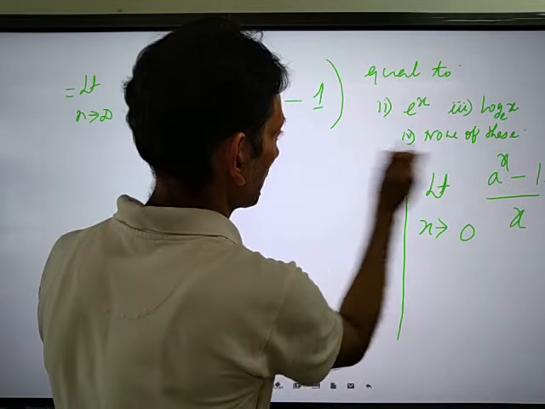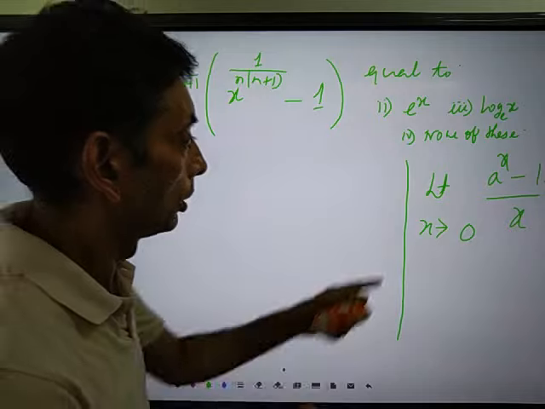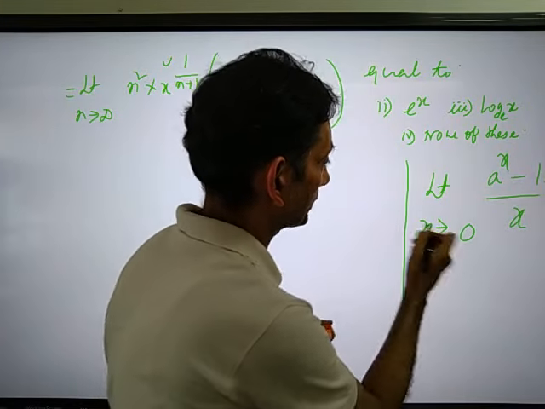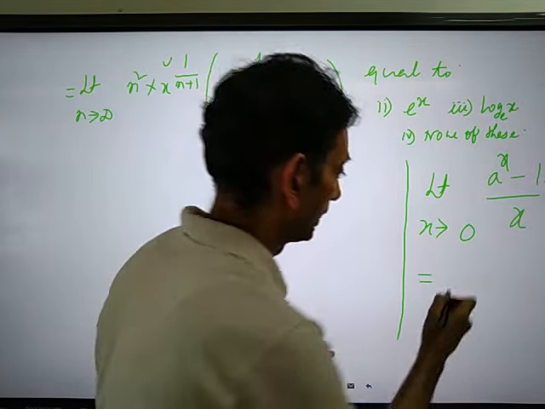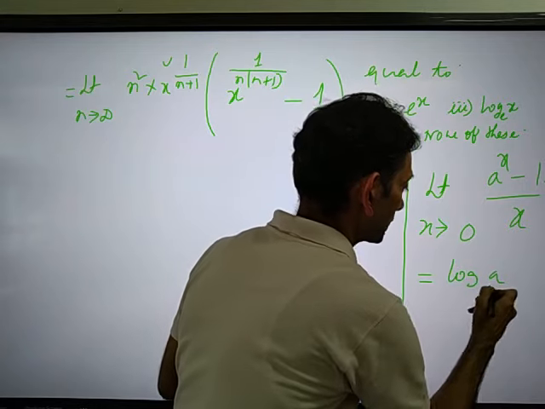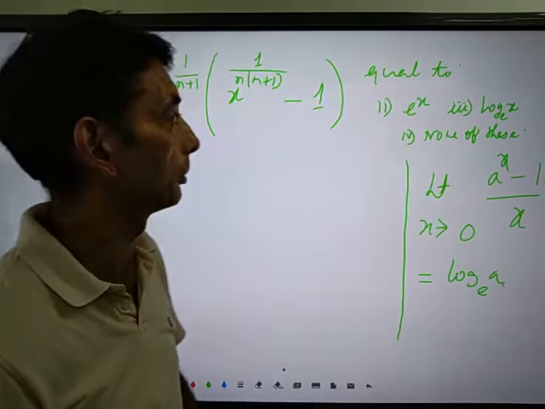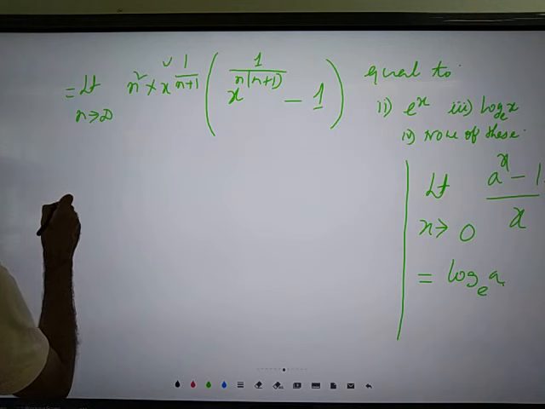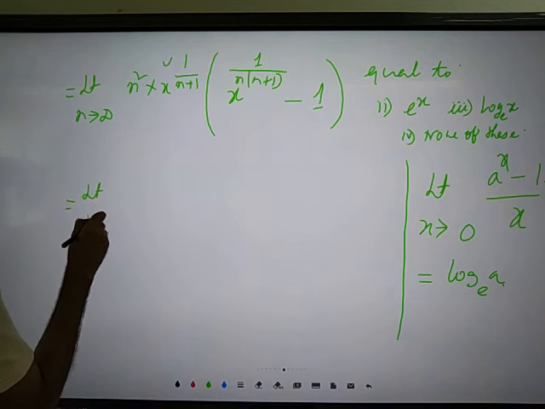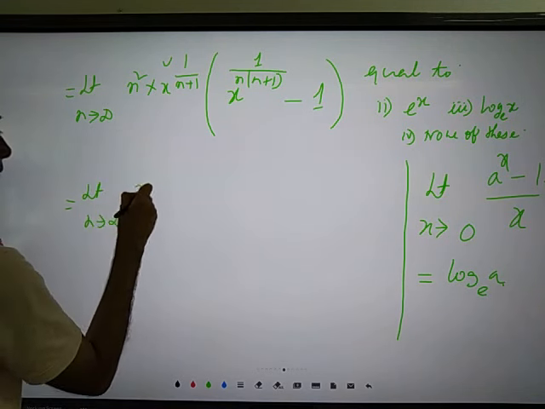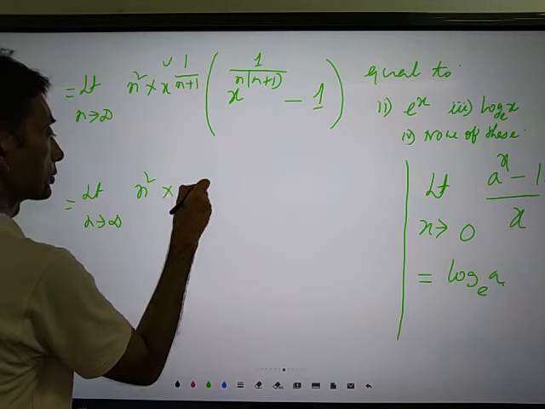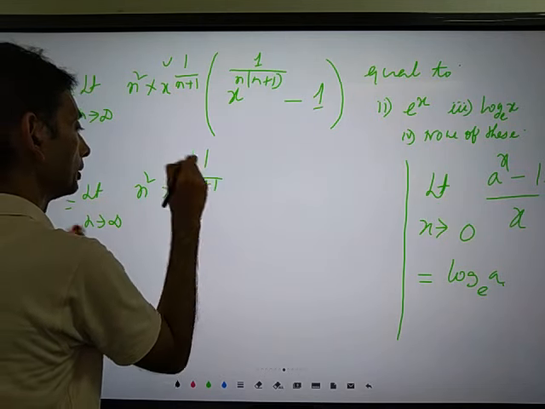Now please compare this expression with this. What is the value of this? Limit x tends to 0, a to the power x minus 1 by x is equal to log a to the base e. So we're just going to use this formula. How can you use this? This is limit n tends to infinity, so it's n squared x to the power 1 upon n plus 1.